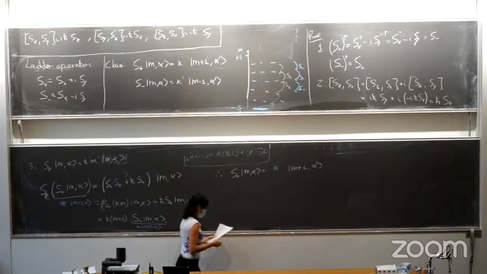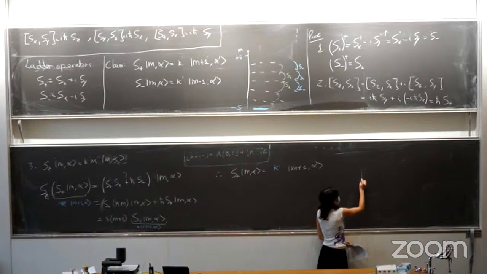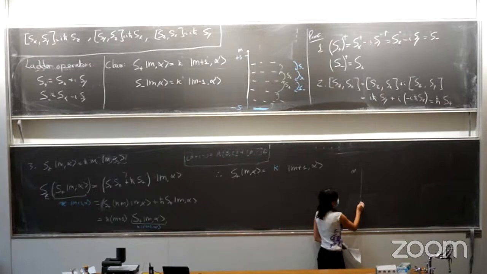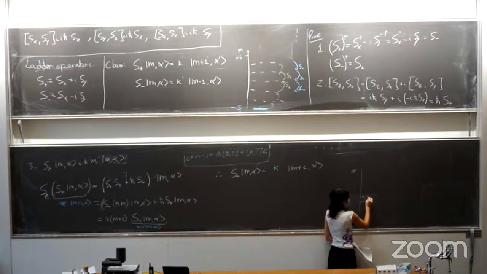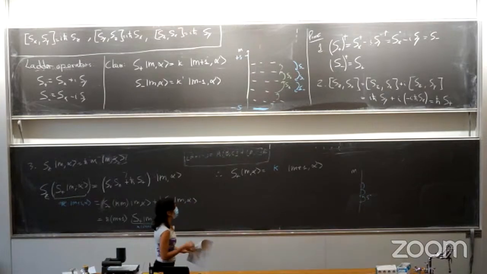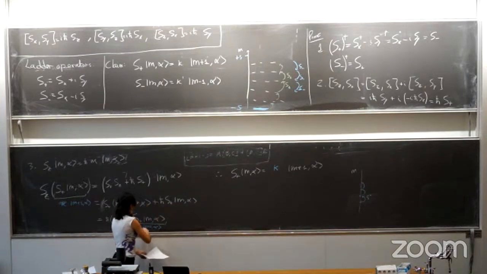Okay. So it could be that these are all the possible values of m, and that if we start here and apply S plus, we go there, we go there, and we still miss out on everything in the middle. But it will turn out not to be the case. And we'll see this later.